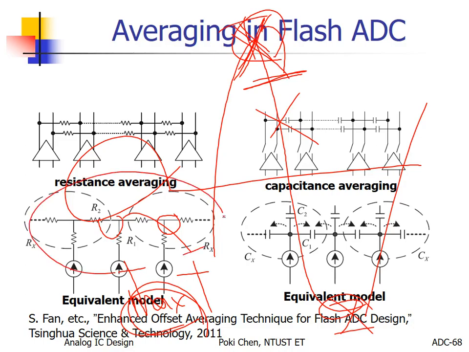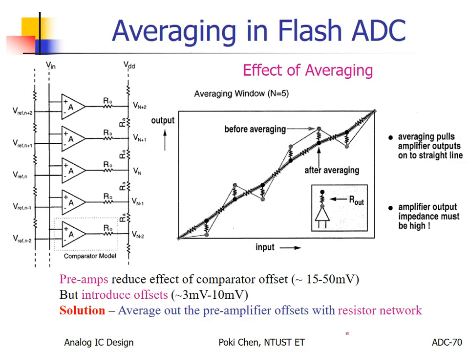But through such an R-ladder, I will be pushed downward or pushed upward by my neighbors, because they more likely don't have the same positive maximum or negative maximum. So after averaging, that is the final result you can expect.